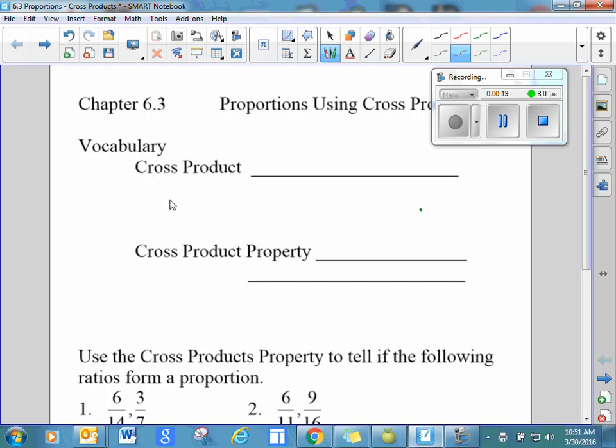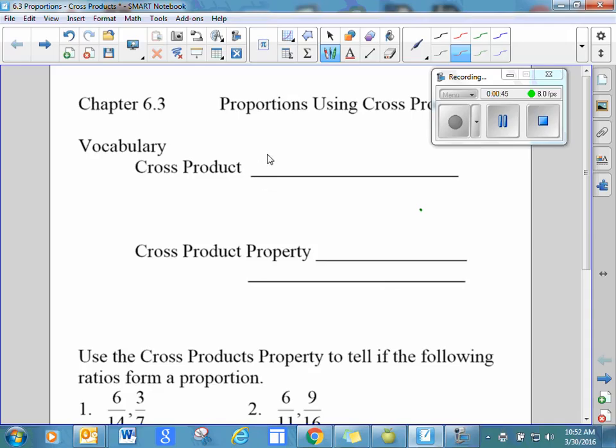We talked a little bit about cross products when we were trying to determine if two fractions were equal to each other. Basically the cross products on page 292 say that those are the product, meaning multiply, of a numerator times the other denominator and vice versa.